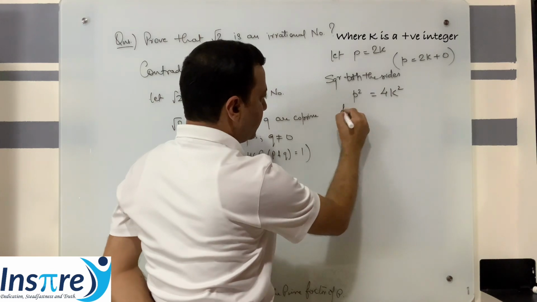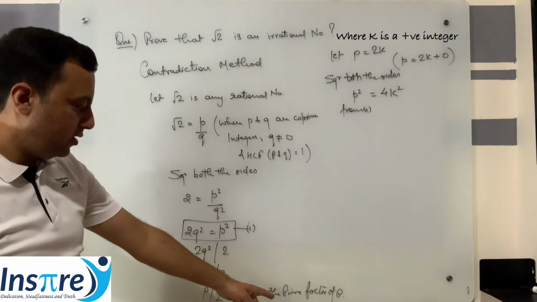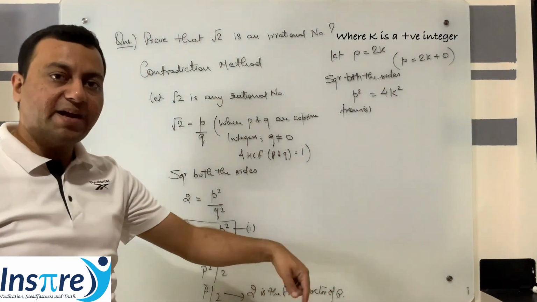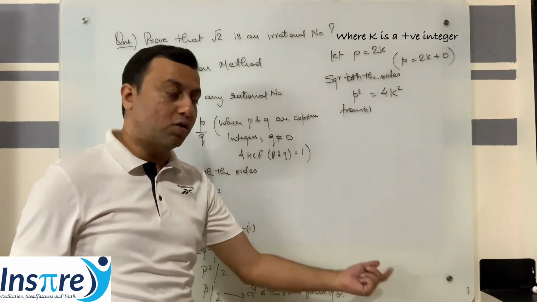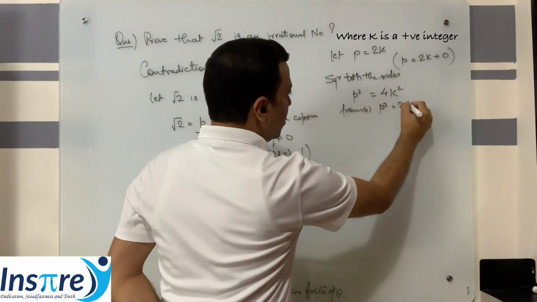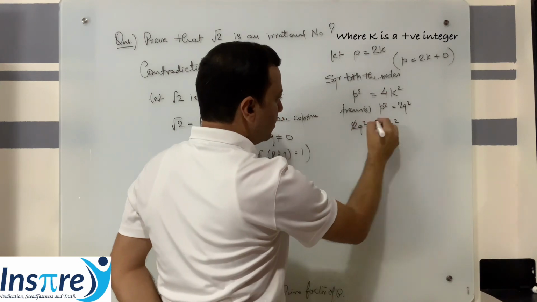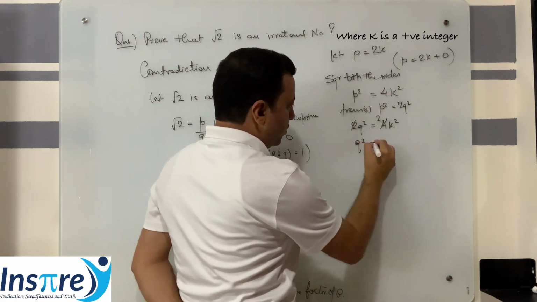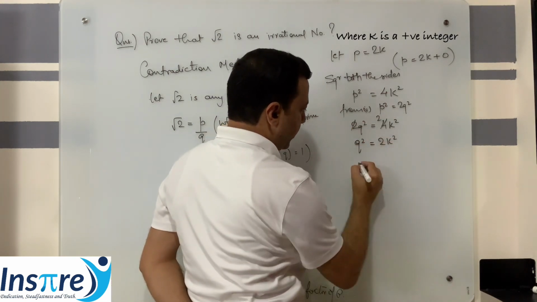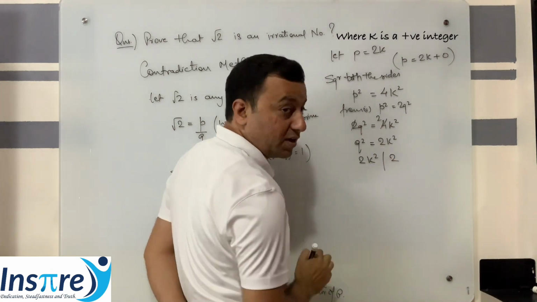From the first equation, because we already proved that 2 is a prime factor of p, now we try to prove that 2 is a prime factor of q also. So instead of p square, from the first equation put p square is equal to 2q square. So it becomes 2q square is equal to 4k square. So q square is equal to 2k square, which means that q square will be divided by 2 because it has a factor 2.